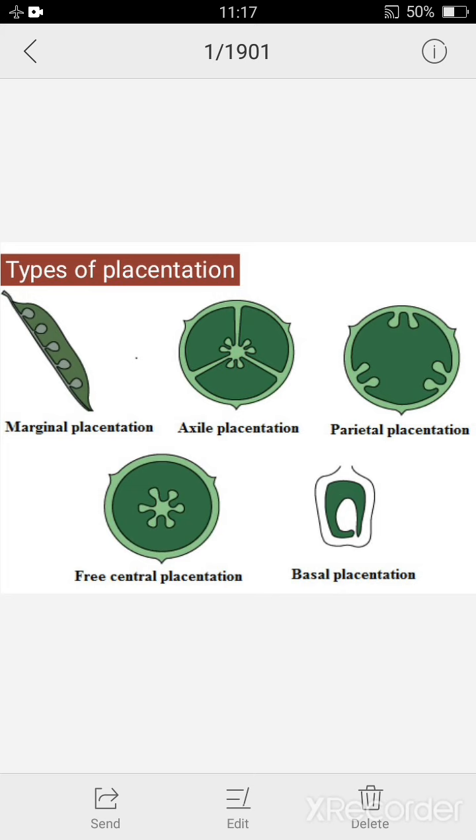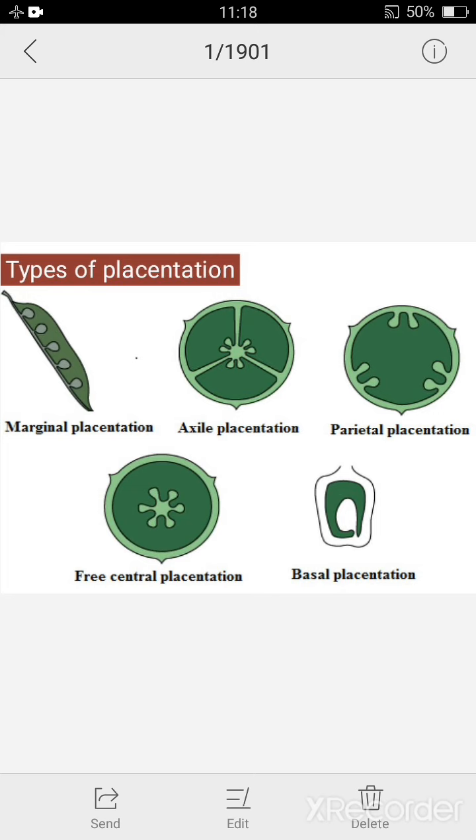In this placentation, the placenta forms a ridge along the ventral structure of the ovary, and the ovules are borne on this ridge only, forming two rows. So this could be a unique characteristic in some plants. What are those plants?